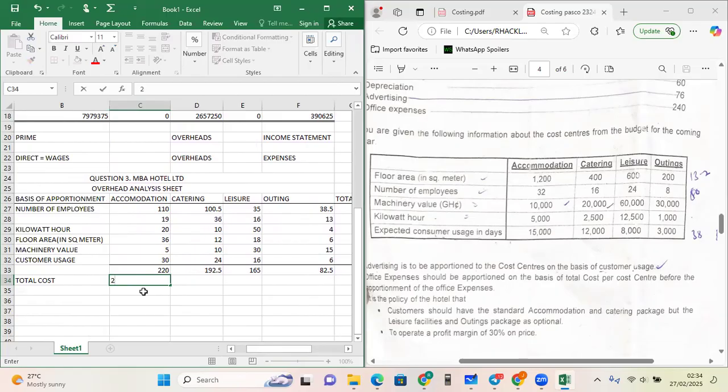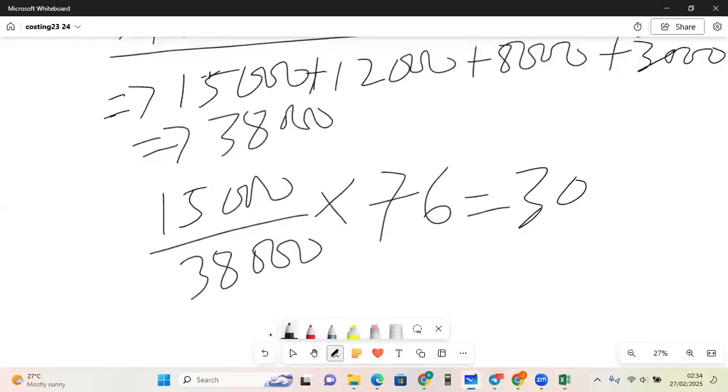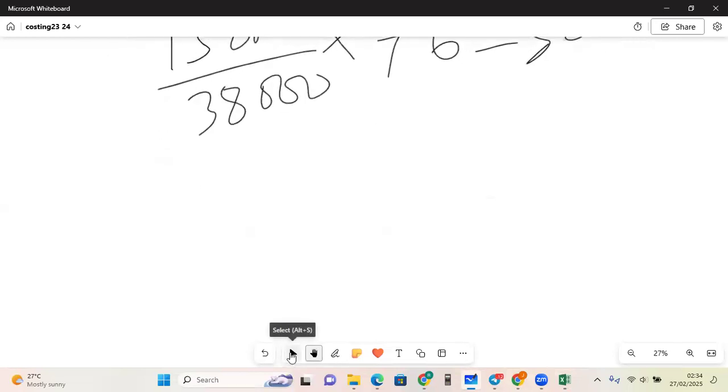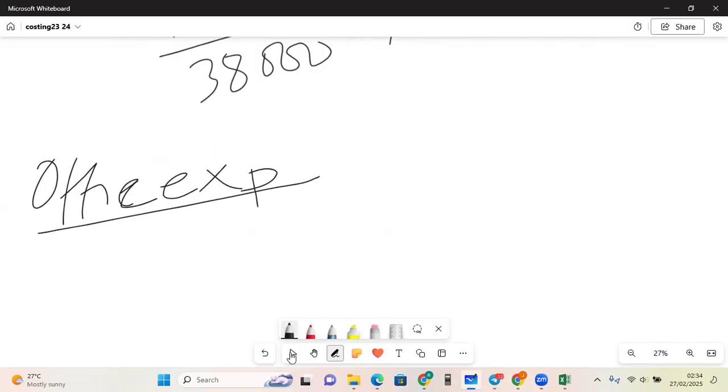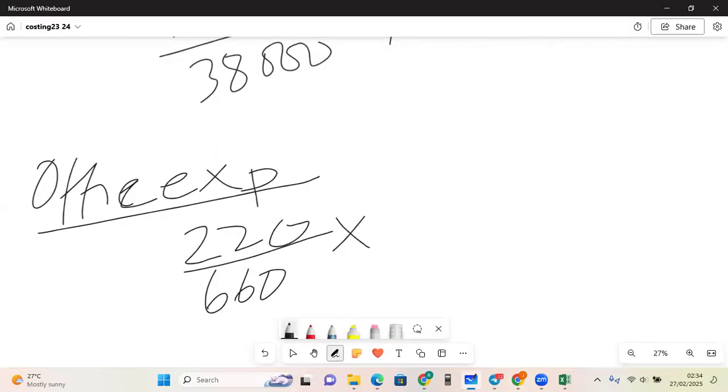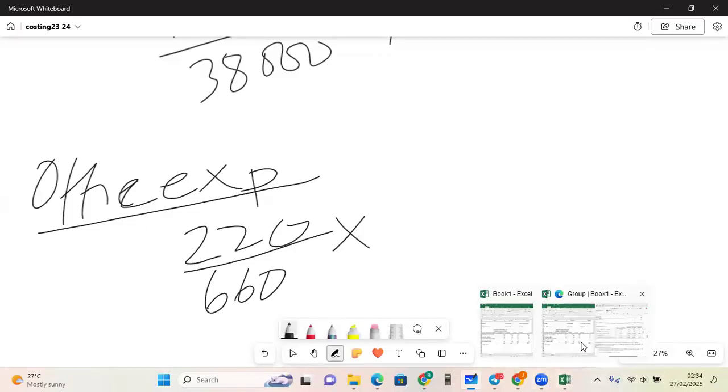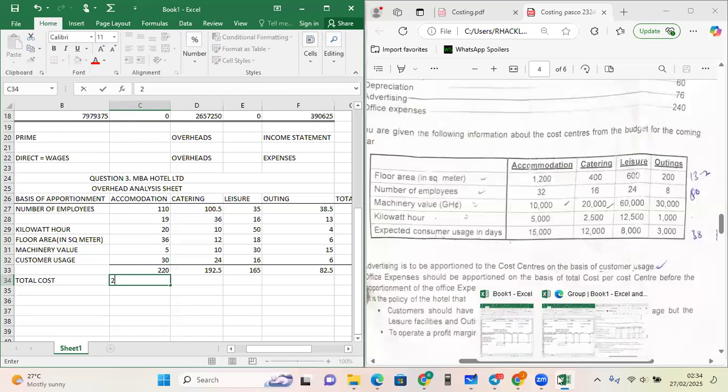So let me write it here so that you get the picture. Office expense, then it is based on the total cost. So we take the first one, 220, all over the total 660 times the office expense, which is 240.